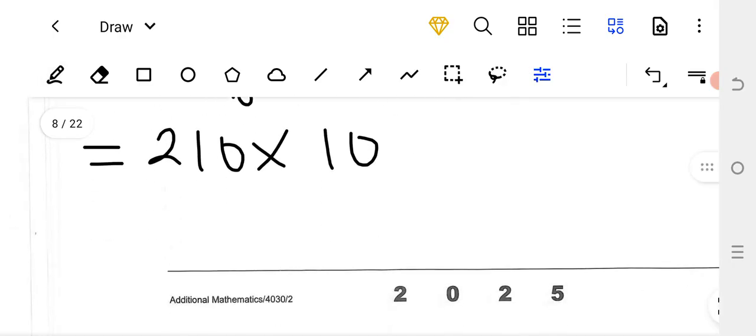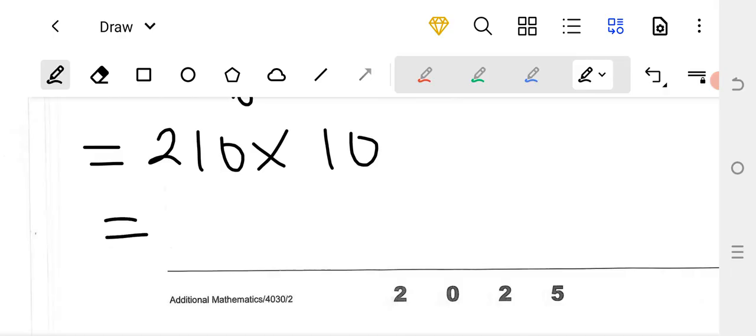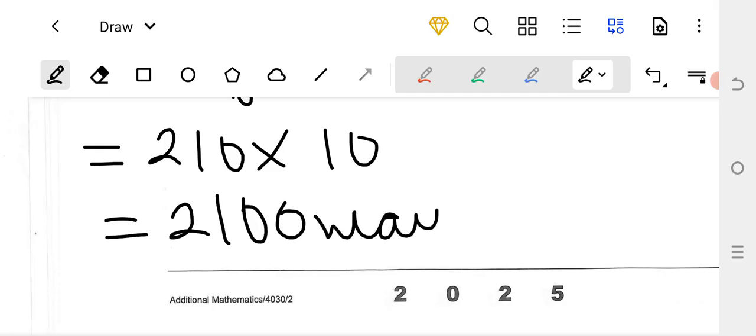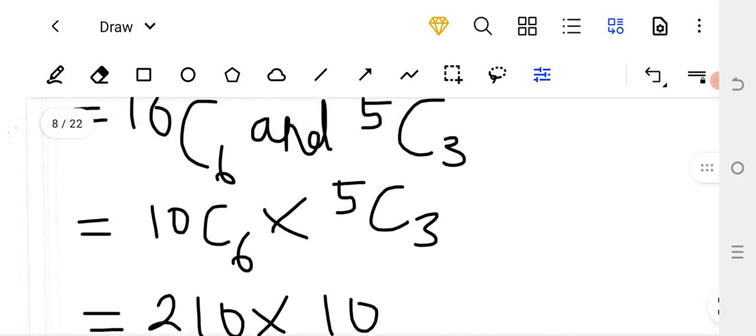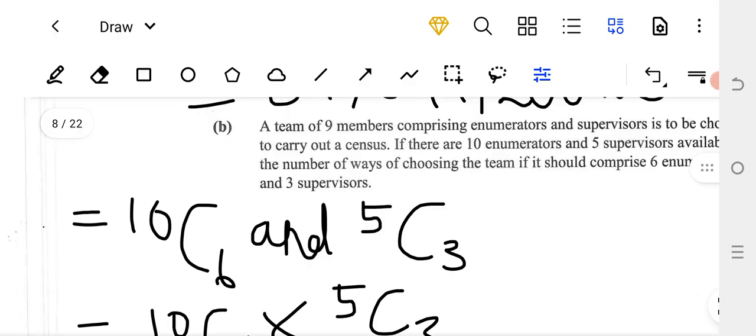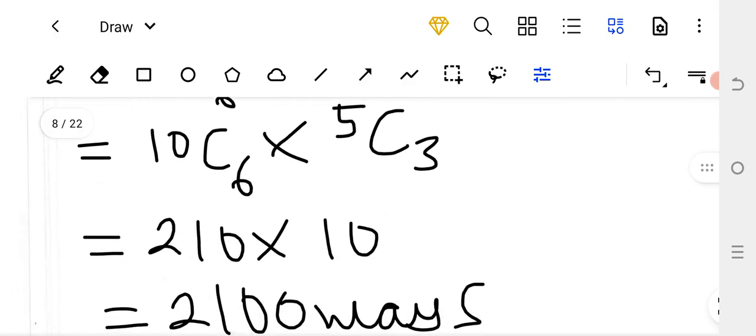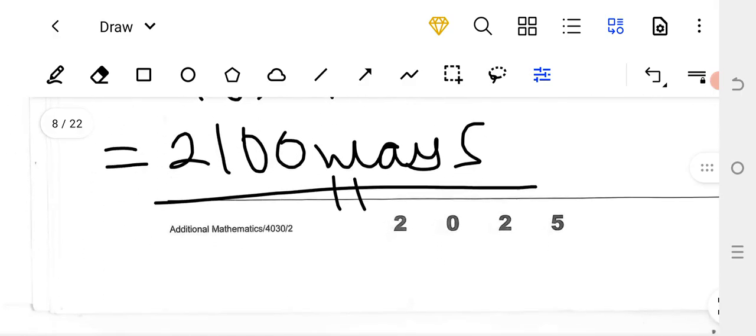And then if you simplify, you're going to have 2,100 ways. Total number of ways in which you can choose a team if it should comprise of 6 enumerators and 3 supervisors.